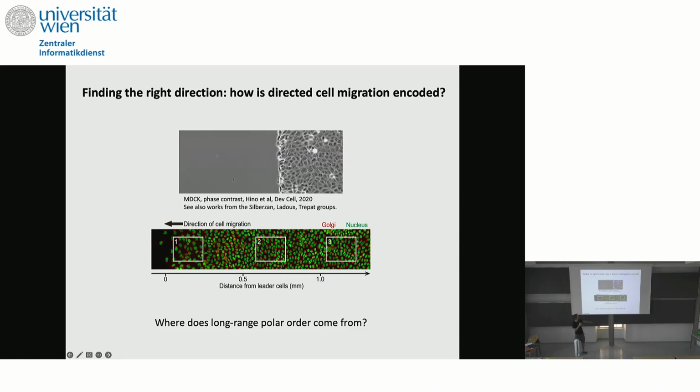What we think is that there are mechanical waves going from the edge to the back, and this gives some information to the cells. They're essentially active waves, so they propagate infinitely far in the bulk, and we think that's what gives the information. So in this system it's actually a very different mechanism for polar order.